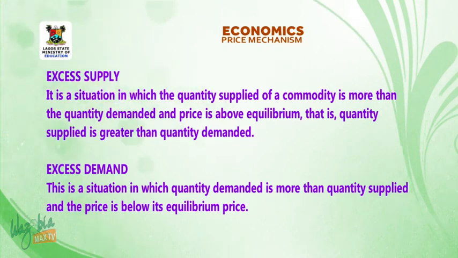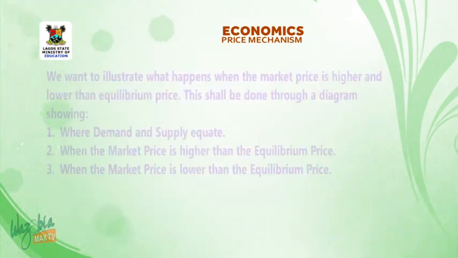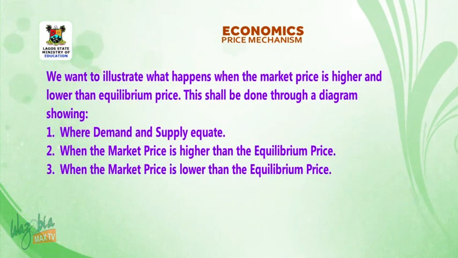Excess demand. This is a situation in which quantity demanded is more than quantity supply and the price is below its equilibrium price. We want to illustrate what happens when market price is higher and lower than equilibrium price.